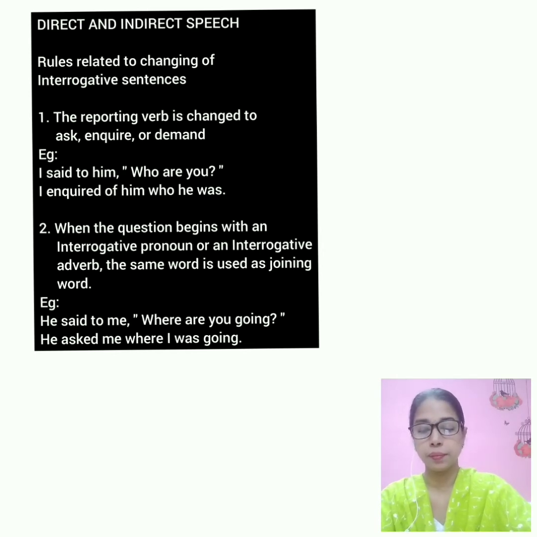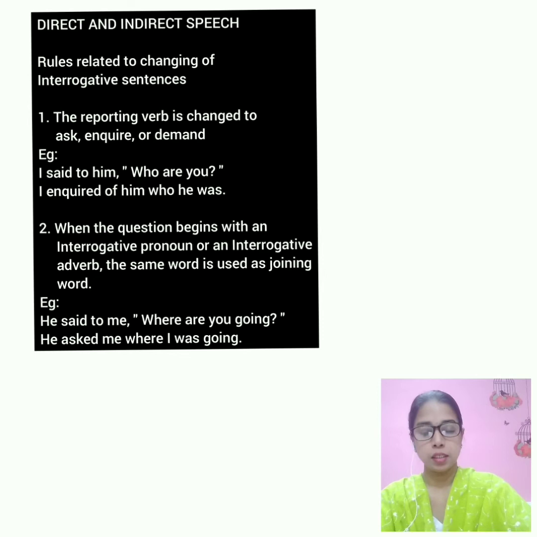Now the second rule is that when the question begins with an interrogative pronoun such as what, who, whom, whose, or with an interrogative adverb such as when, where, why, how, etc., then the same word is used to introduce the indirect speech.